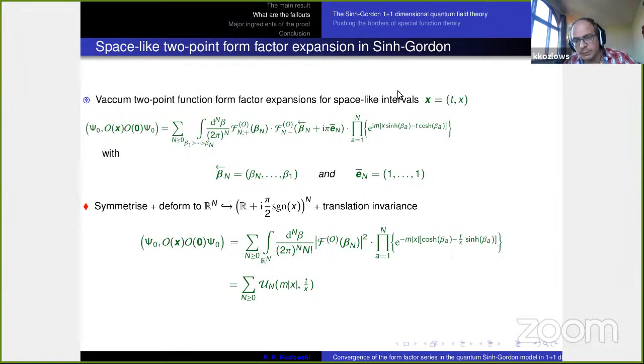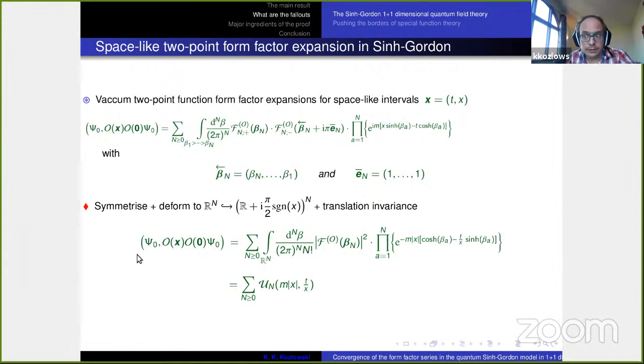And then basically, once you deform the contour and move to the real axis plus or minus i pi over 2, depending on the sign of the x component, you change this oscillatory decay of the integral into some very strong decay. And then what you get exactly is that 2-point functions in the model are given by the series of these integrals U_n I showed you before, for a specific choice of parameters r and alpha I was telling you.